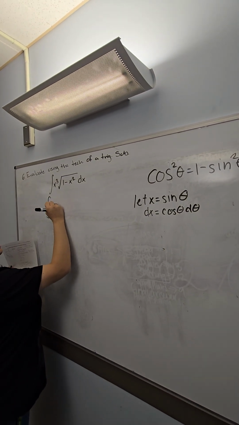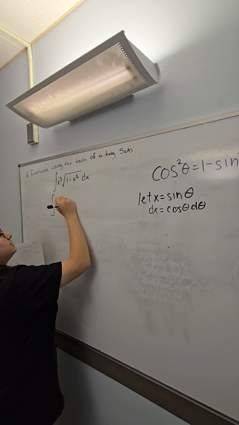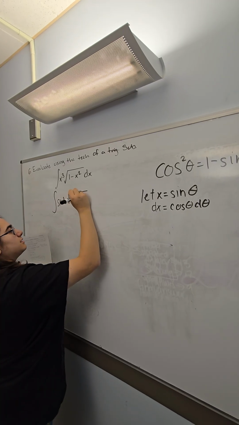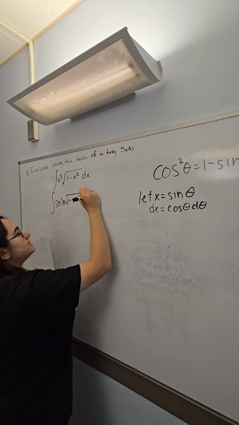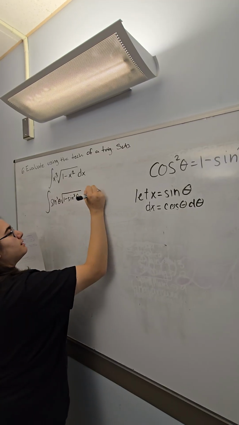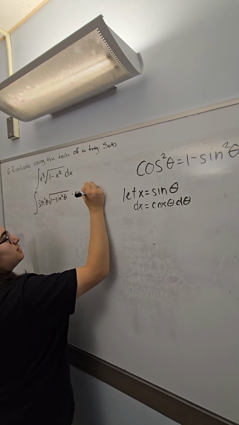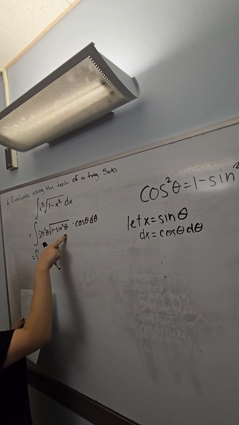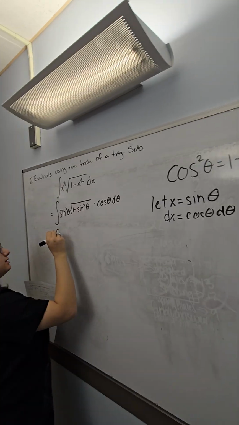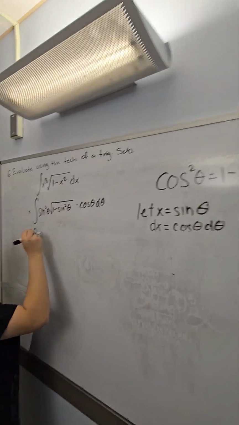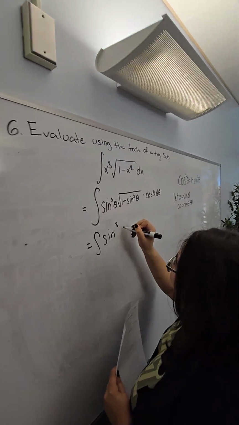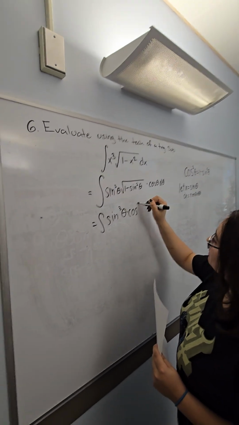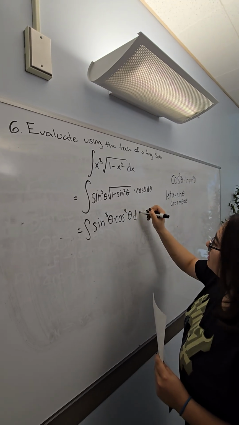So you have sine cubed theta times 1 minus sine squared theta times cosine theta d theta. Then you will turn that into cosine squared, and so it will be sine cubed theta times cosine squared theta d theta.